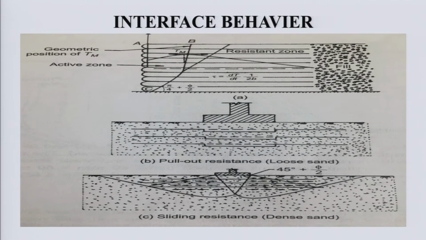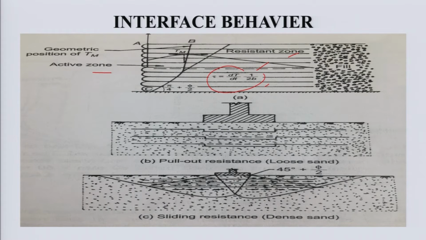We can see by this diagram, this is the resisting zone where many reinforcing bars, this is the active zone, and the geometric position of Tm. This is tau dt by dt 1 by 2b.